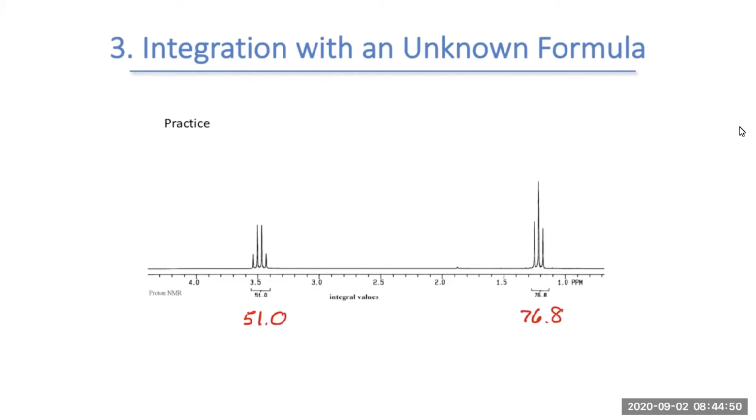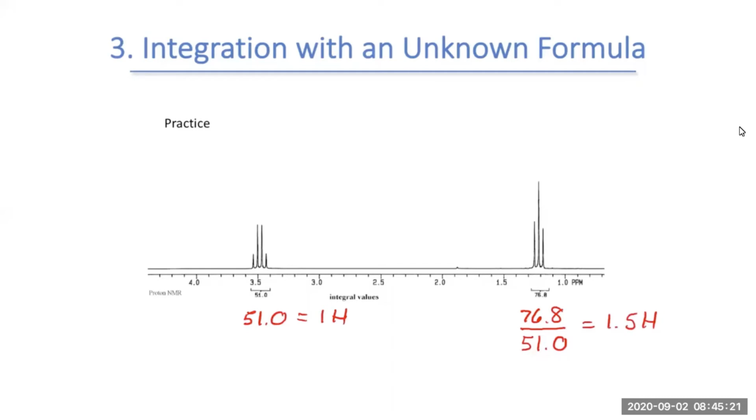So now we're going to take our areas and convert them into numbers of hydrogens. Since 51 is the lowest, we're going to set that equal to 1 hydrogen, which means with our 76.8, we're going to divide it by that 51, and that will give us about 1.5 hydrogens.